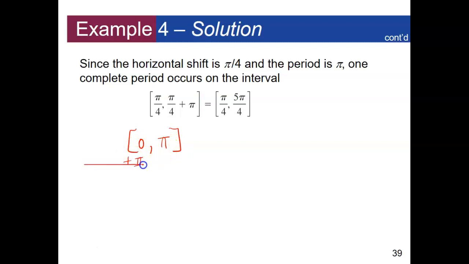So if we add pi over 4 to each one of our coordinates here, instead of showing it from 0 to pi, we're going to be from pi over 4 to 5 pi over 4, that we want to show one complete period.